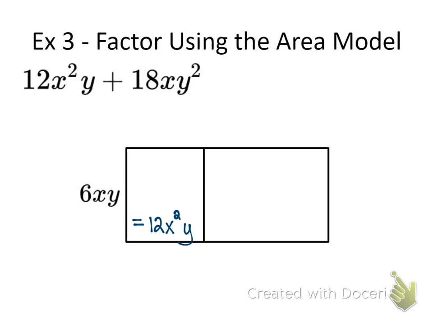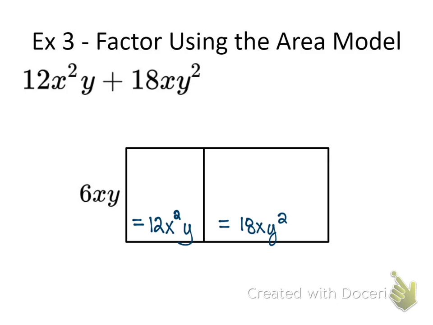Okay, right? So then what's going to be the area of this right rectangle? Equals 18xy squared. Okay, so because it's the total area of the rectangles, I put it at the bottom. I put equals total area.